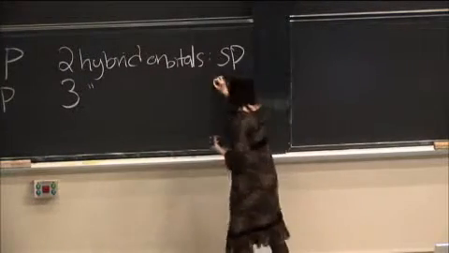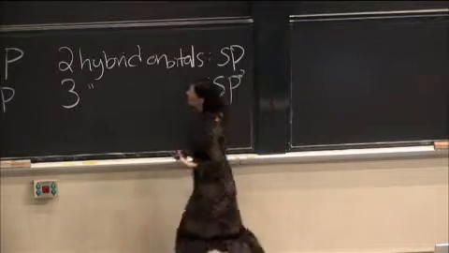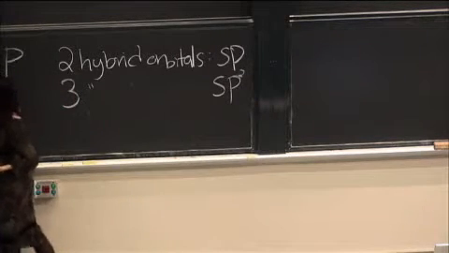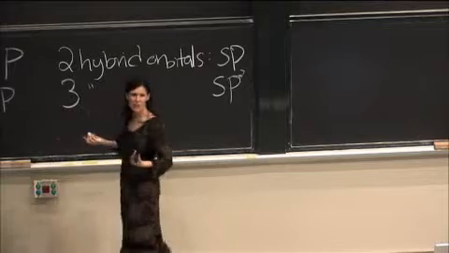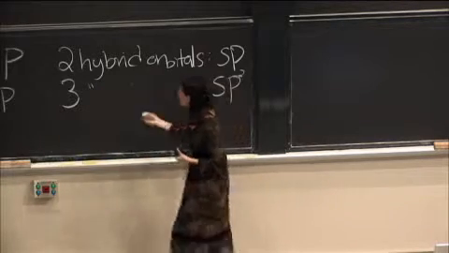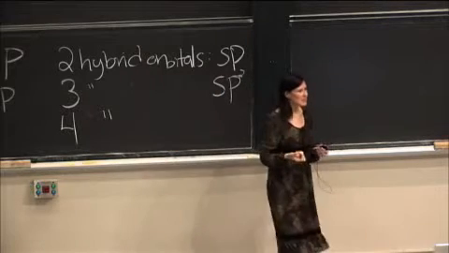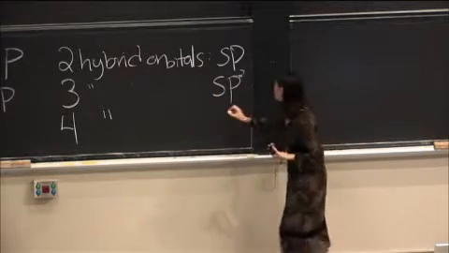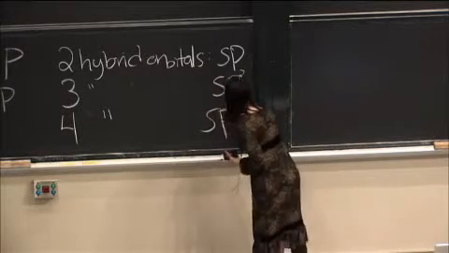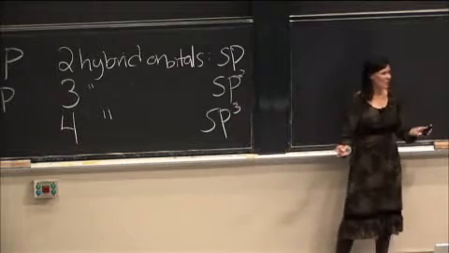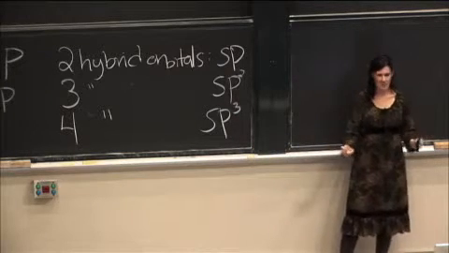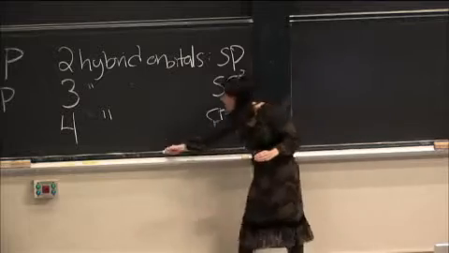Yeah, it's sp2. We want to take 3 atomic orbitals to make 3 hybrid orbitals, so it's going to be sp2. So what if we need 4 hybrid orbitals? What's the hybridization going to be in this case? sp3. All right, great. So really, that's it. Hopefully, hybridization just got a lot simpler for any of you that have been struggling a little bit with it.